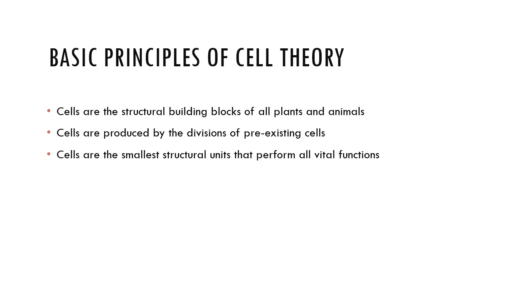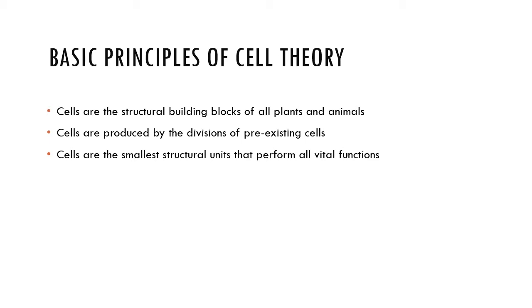When studying anatomy and physiology, we need to understand the cell theory, and there are three basic principles to deal with the cell theory. The first one is cells are the structural building blocks of all plants and animals. Second is that cells are produced by division of pre-existing cells. So we get all our cells from pre-existing cells, and that's through the act of mitosis.